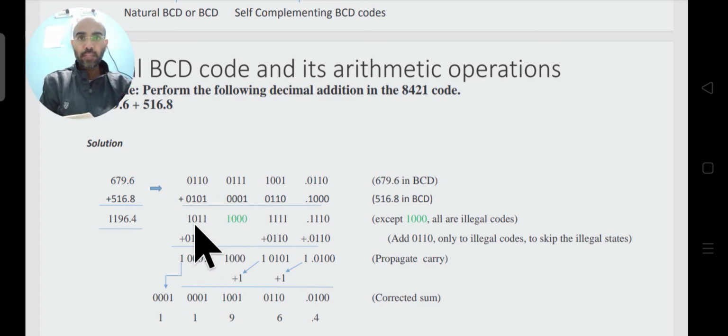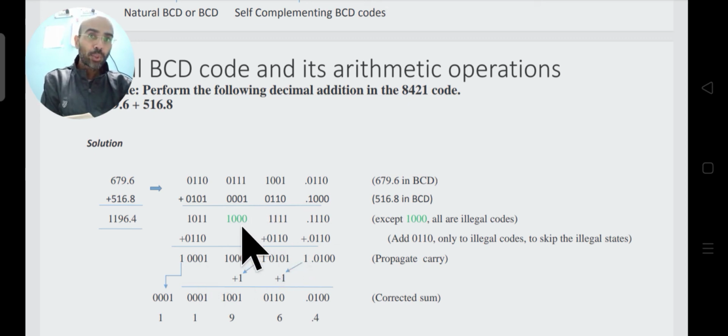The illegal codes run from 11 to 15, and if I want to skip to the legal code, it will be 6 states away. So that is why I am adding 6 here, to skip the illegal states. That is the reason.